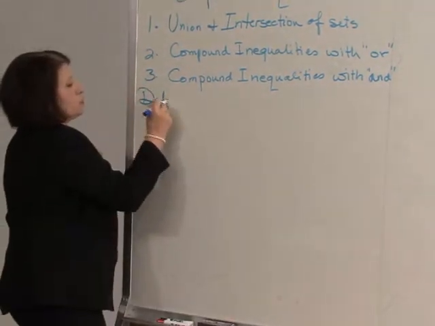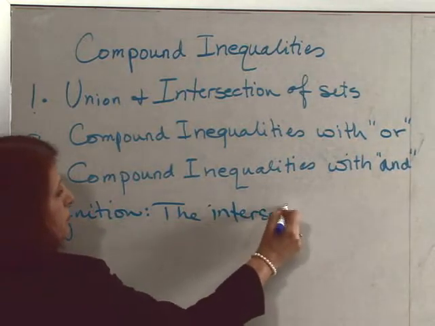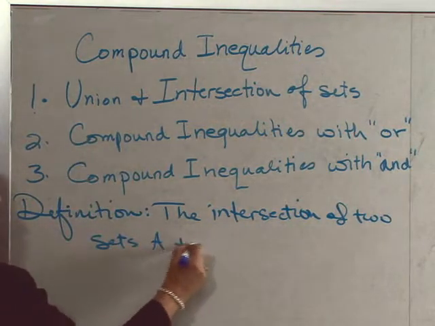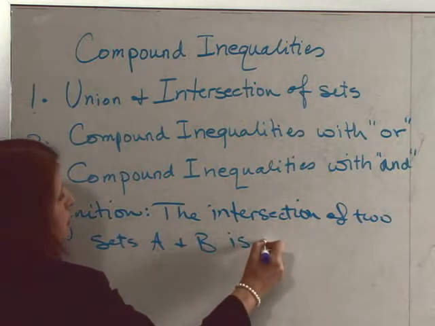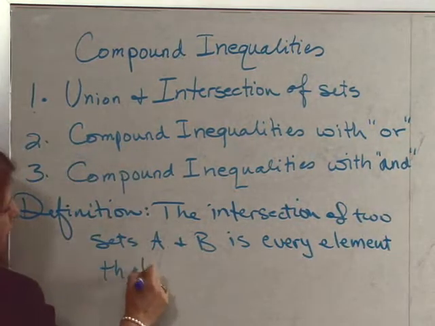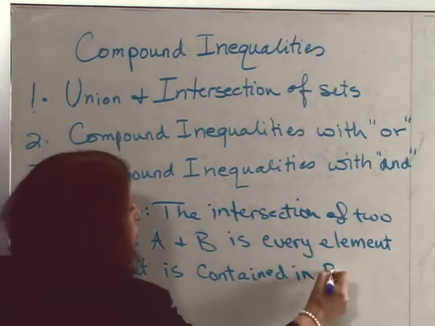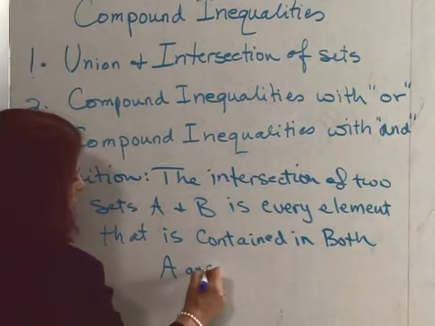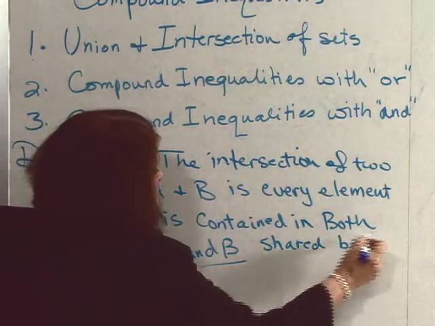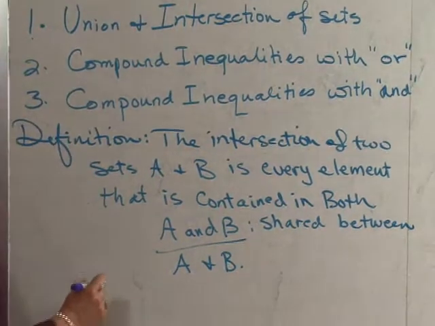The intersection of two sets, A and B, is every element that is contained in both A and B. That means shared between set A and set B. So it's what's common to both.